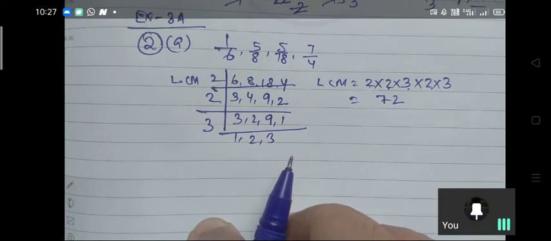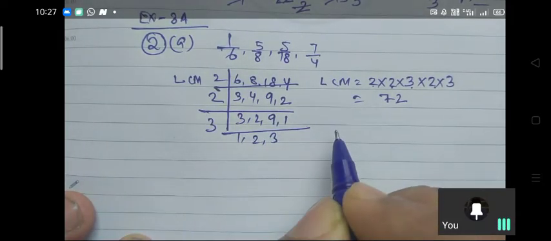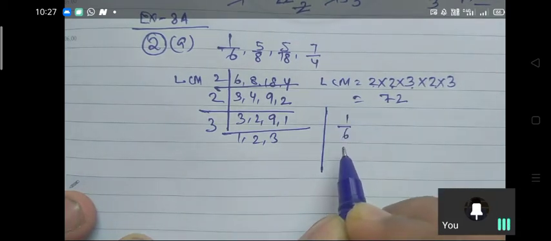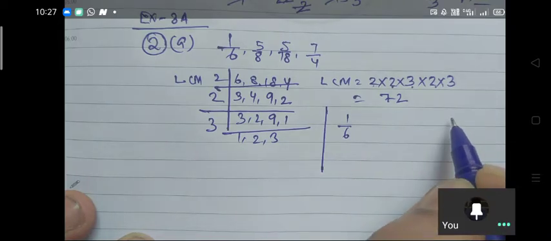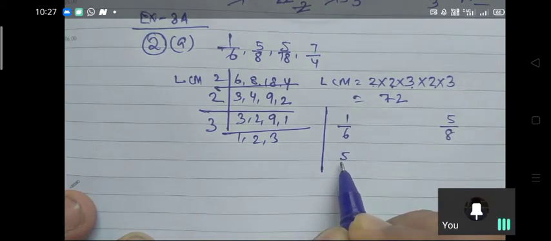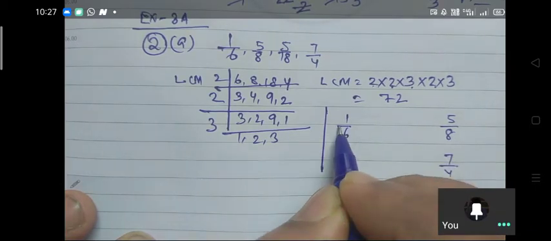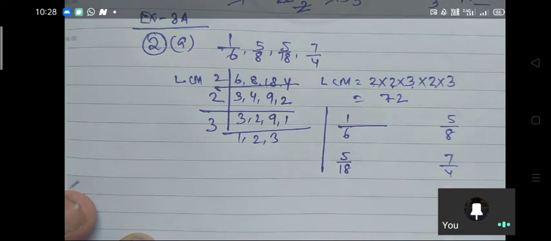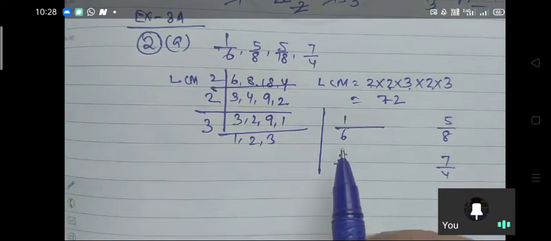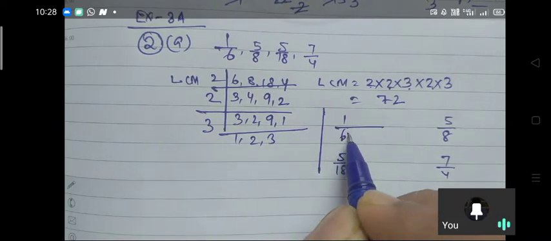Now how can we solve? Let's see. All of these fractions can be noted down in this way here. Like 1 by 6 you write here. Okay. 5 by 8 here, 5 by 18, and this is 7 by 4. Now, what we will multiply in 6 to get LCM 72? We will say 12.